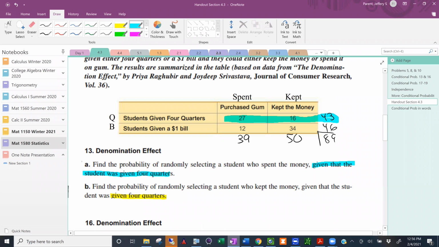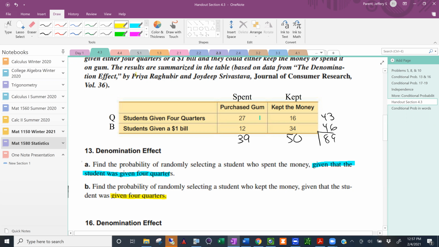So you're no longer dealing with this first row here. Where are we on the table then? For the second part, we're looking at people who were given a dollar bill and we want to find those who spent the money.